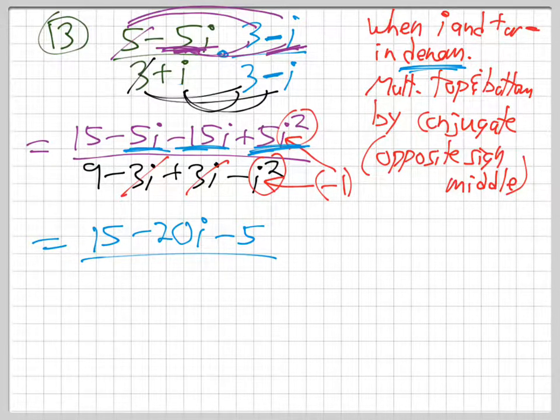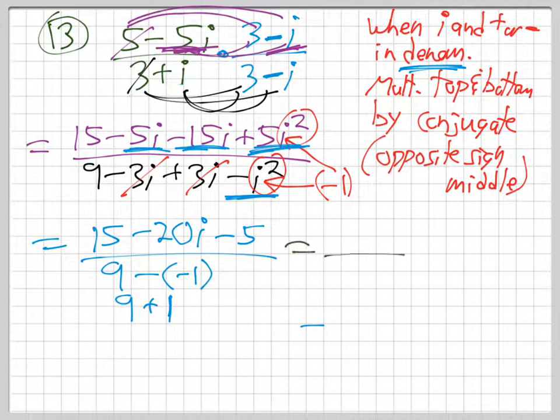On the bottom, these cancel, and it's just going to become 9. So minus i squared is minus a negative 1, which is really plus 1, which is 10. The bottom becomes 10. What's the top? 15 minus 5? 10 minus 20i. And they're both over 10.